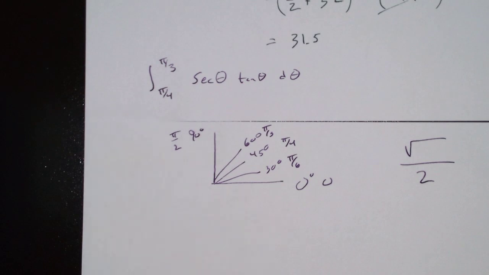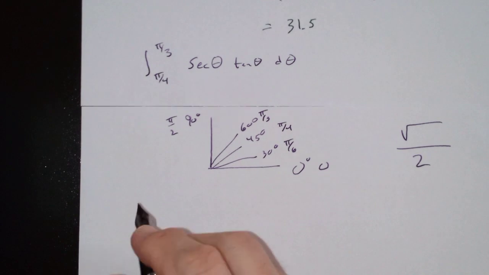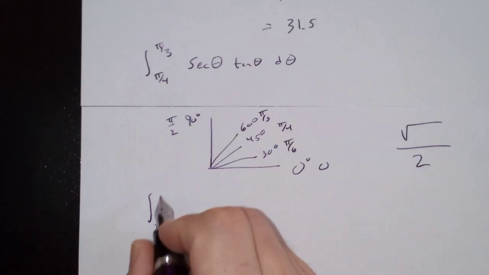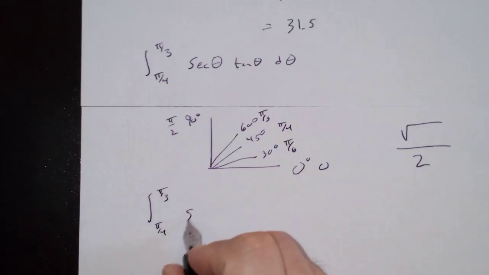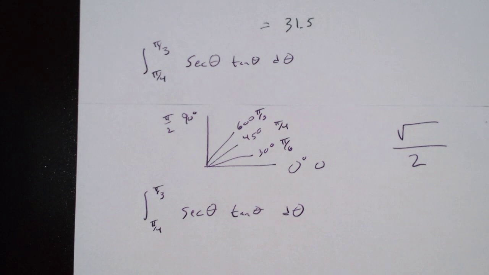So, the reason I'm telling you that is so we can do this integral. Let's do this integral now. What is something whose derivative is secant tangent?